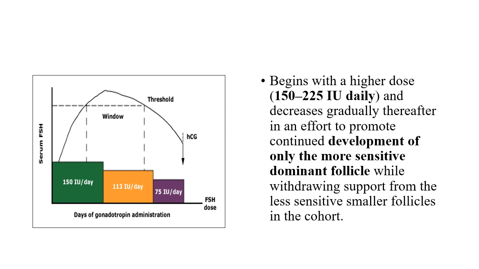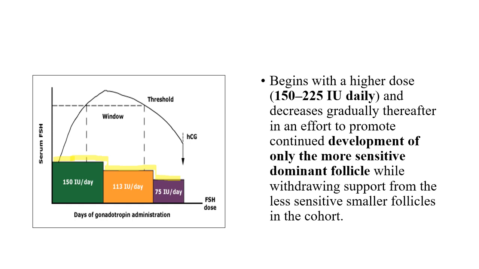In step down treatment regime, as the word describes, we will start with a high dose and then gradually decrease the dose. The basic physiology we have described in the previous slide will lead to the recruitment of the dominant follicle.